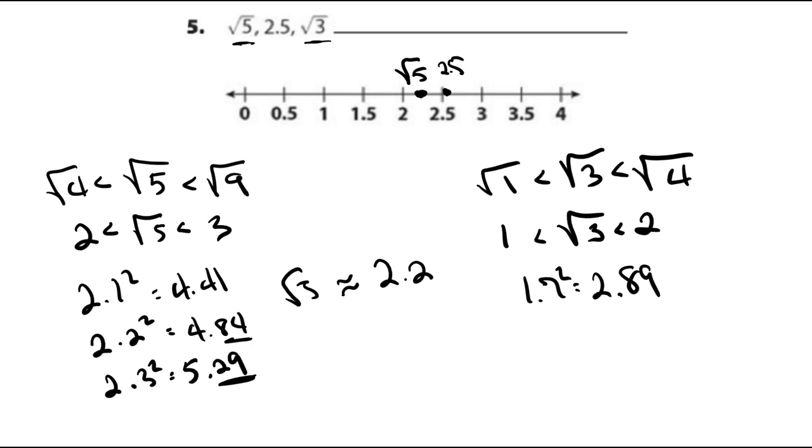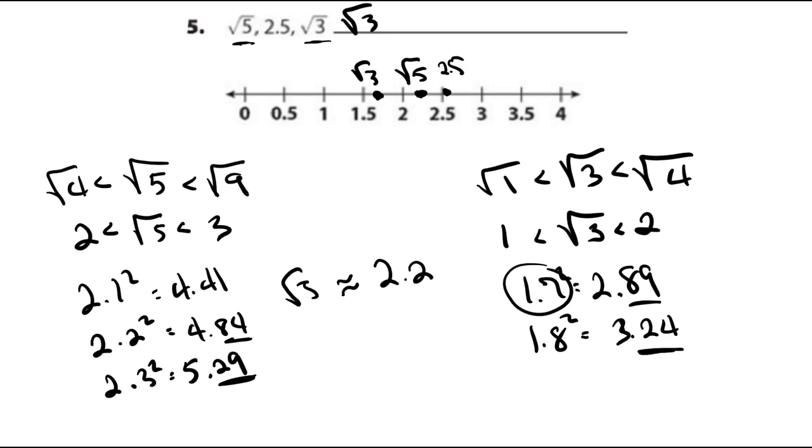It's slightly below 3. So then we have to square 1.8. You get 3.24. 2.89 is slightly closer to 3 than 3.24, so we say it's about 1.7. So it'll go here on our number line. From least to greatest, that means the square root of 3, the square root of 5, 2.5.